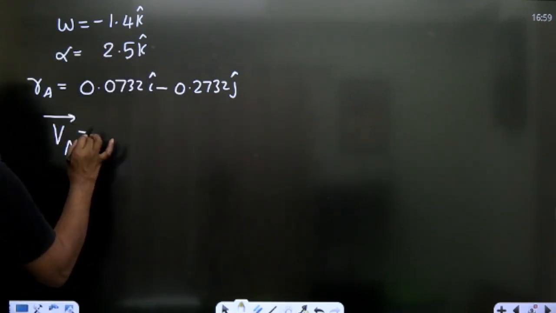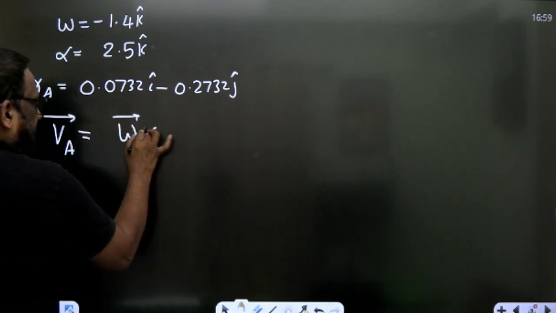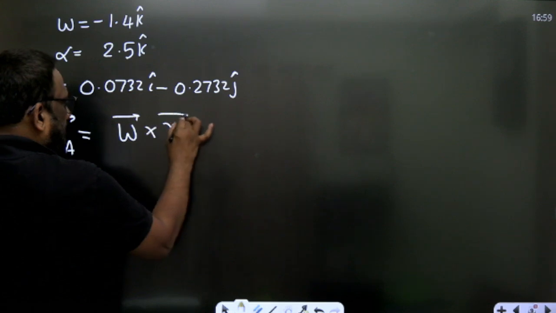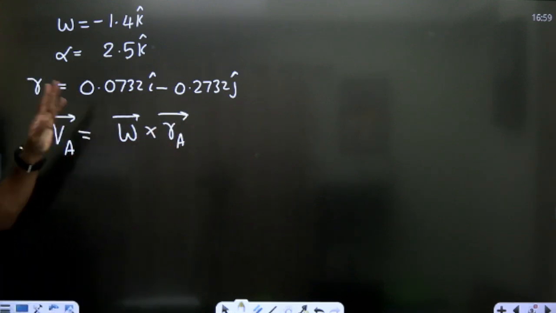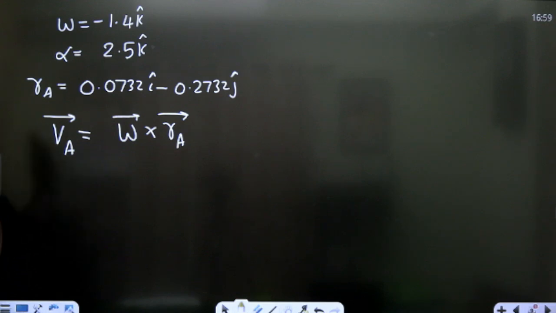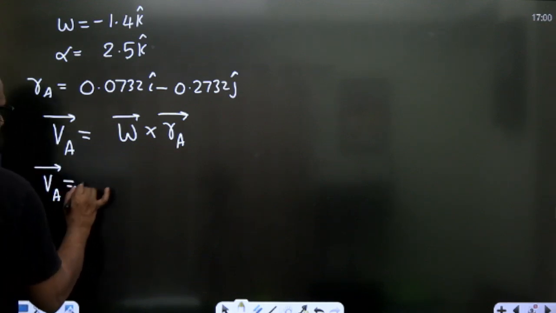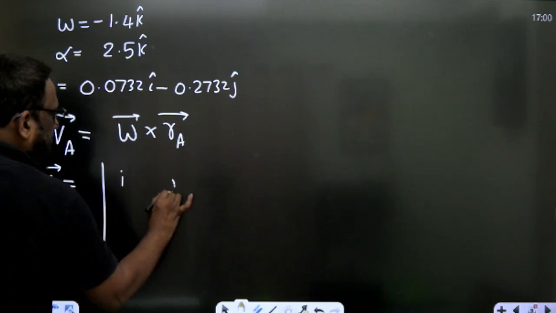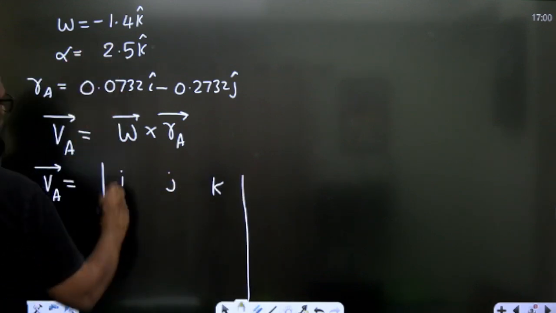What will be the velocity? Omega cross, since I want the velocity of A, the position vector of A. Don't write omega A. Omega is for the complete body, which is the same. So if you want the velocity of A, it will be the determinant with i j k, omega, what is omega?